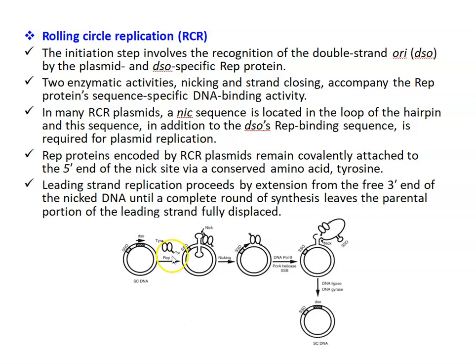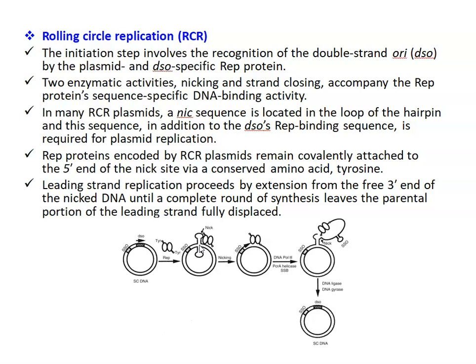Just look at this diagram. This is single-strand DNA, and the first step is binding of these rep proteins and the amino acid tyrosine. So many DSOs contain sequences that promote the formation of these hairpin and cruciform structures.